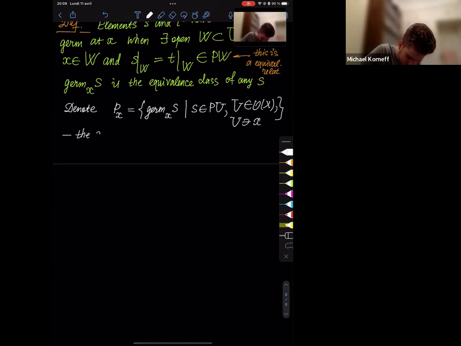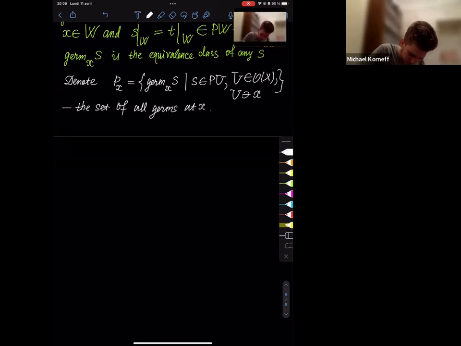This is a set of all germs at x. And it is called the stalk at x.